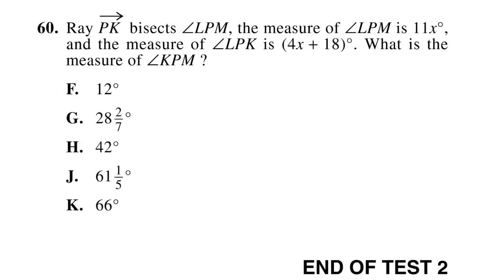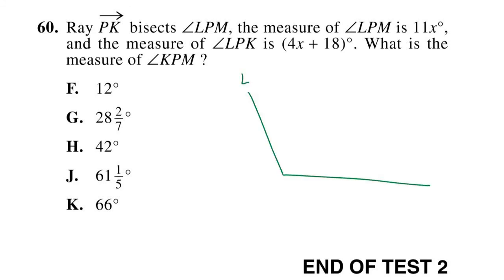Finally, number 60. Ray PK bisects angle LPM. The measure of angle LPM is 11x, and the measure of LPK is 4x plus 18 degrees. What is the measure of KPM? So we have an angle LPM.